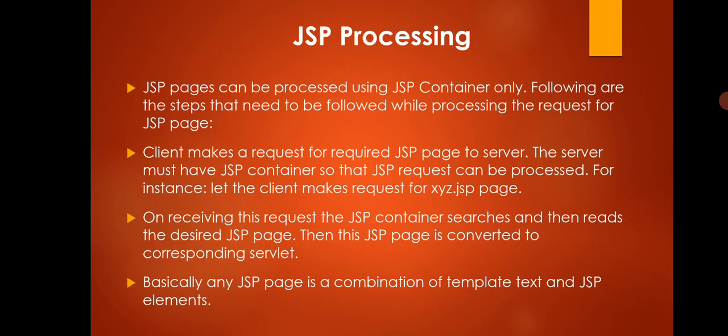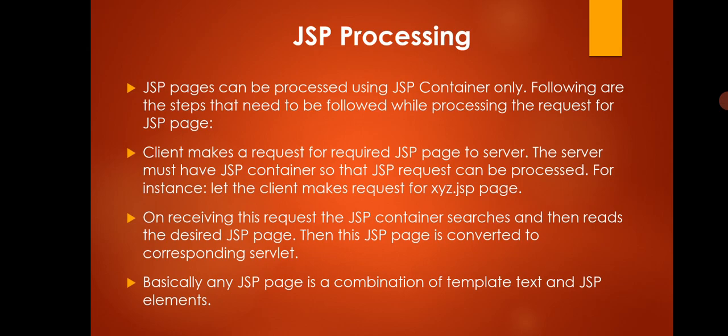Next one is JSP processing. It can be processed using a JSP container only. Here we have some of the steps that need to be followed while processing a request for a JSP page. The client makes a request for a JSP page to the server. The server must have a JSP container so that the JSP request can be processed. Let the client make a request for any XYZ JSP page.